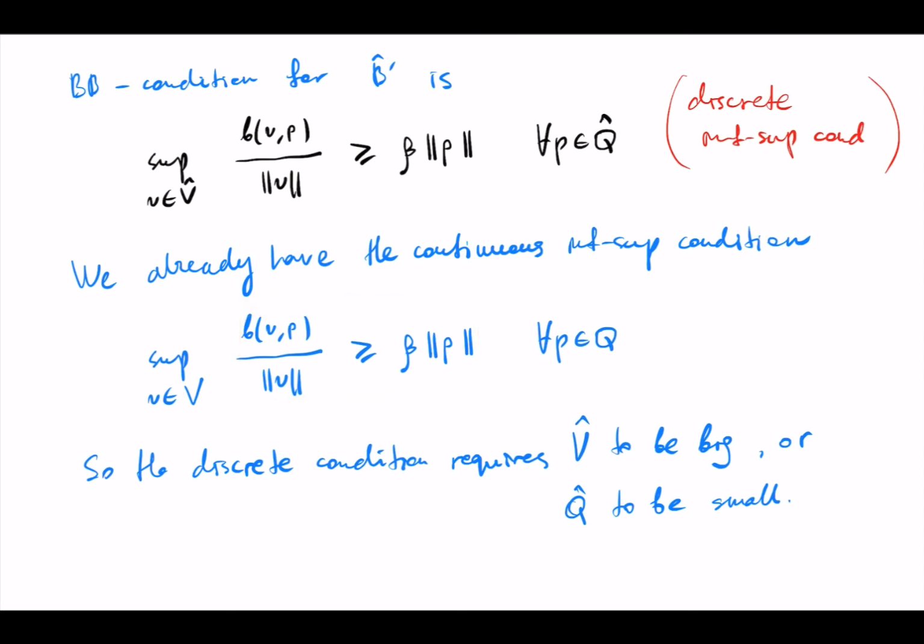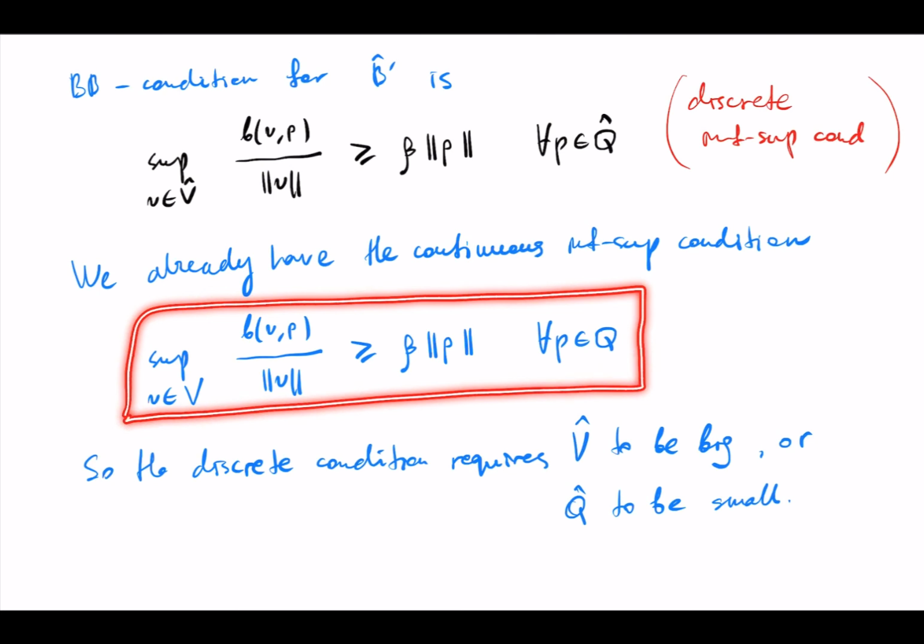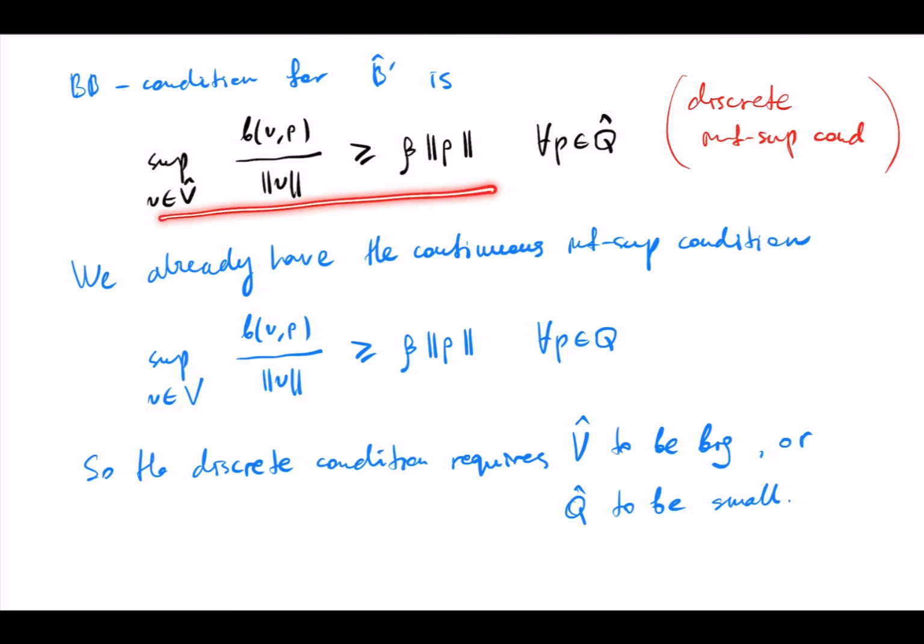The discrete condition says there exists V in V hat, so it has a smaller set of V's to choose from. Intuitively, if V hat is large enough to include all the relevant V's from the continuous inf-sup condition, then the discrete inf-sup condition would be satisfied.